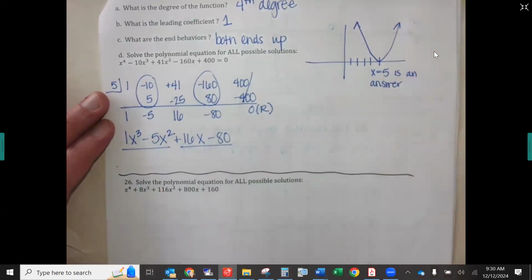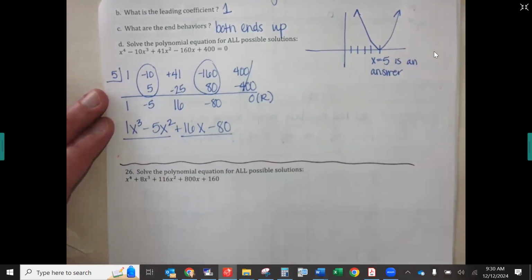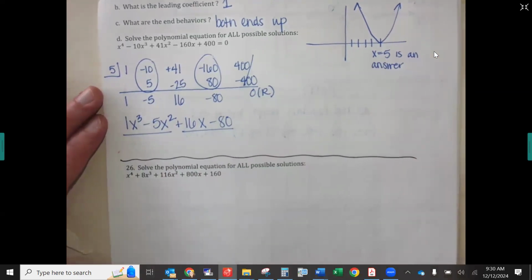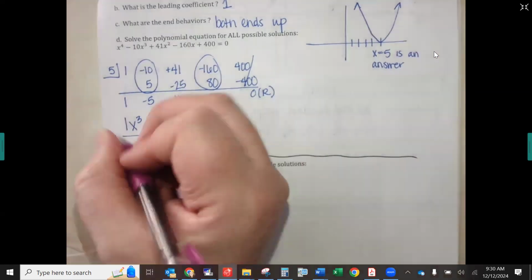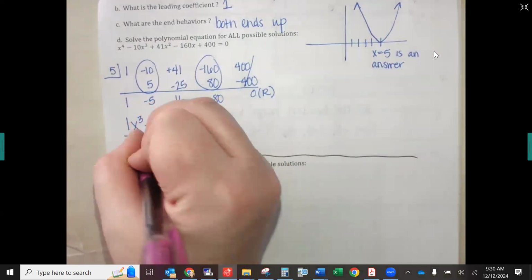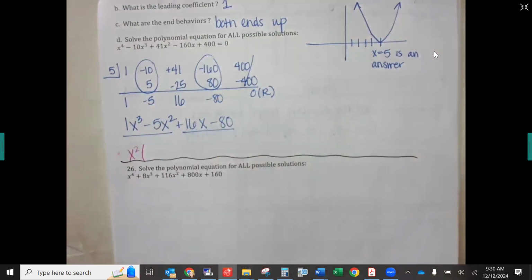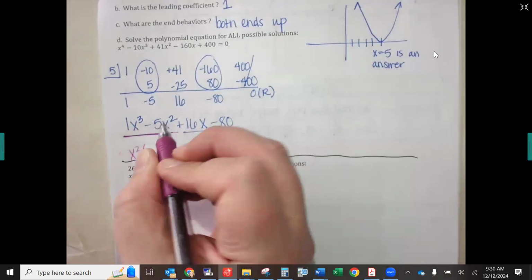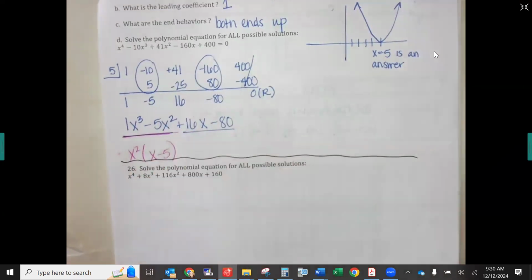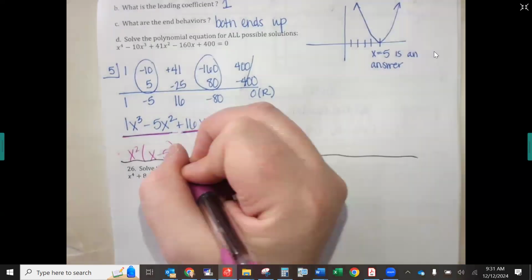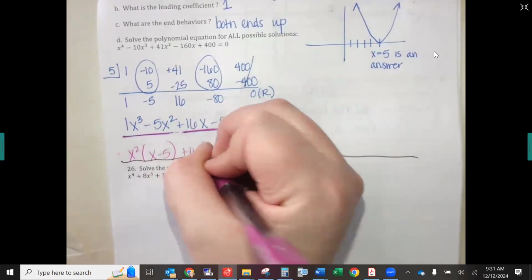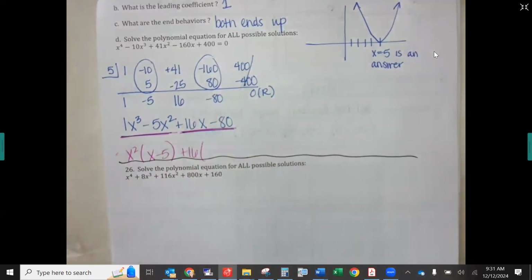All right, so take a look at your first two factors. I have an x³ and a minus 5x². What can we take out of both? X squared. When I take the x squared out, what's going to be left over from that first group? X minus 5. Okay, out of my second two, what can I take out of both of these? Pretty sure it's a 16. 16x, if I divide the 16 out, now it's just an x.